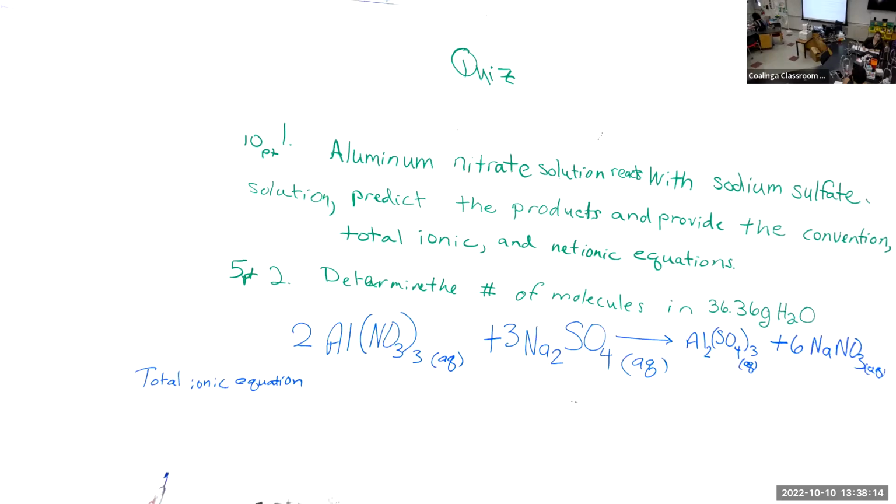Give me numbers. 12 plus 6 nitrate. Okay. You have to make sure you're putting them in, right? Plus sodium constant. 6 sodium, positive charge. Thank you. Plus.